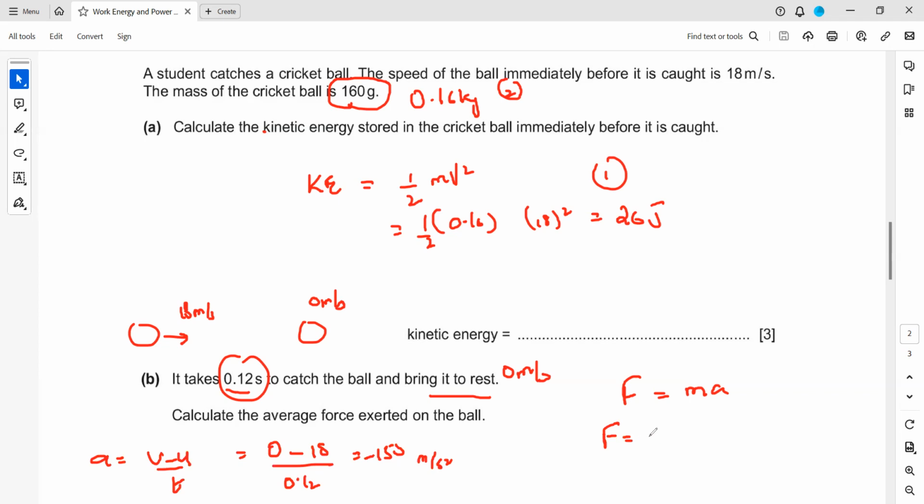So F is equal to ma. We need the magnitude of the force here. So the mass of the ball is 0.16 and the acceleration is minus 150. You can substitute a plus, or you'll get a negative answer, which means the force is opposing the motion. So 0.16 times 150.